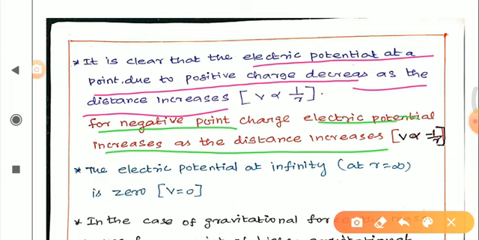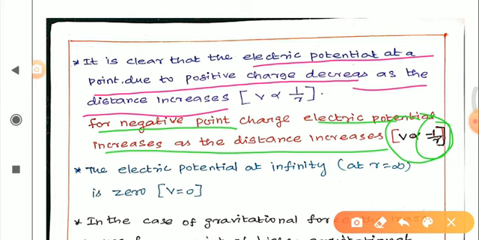Why? Here V is proportional to minus 1 by R. That minus represents that if the distance increases, V will increase. If the distance decreases, V will decrease. If there is no minus sign, we can say that it is inverse proportion.